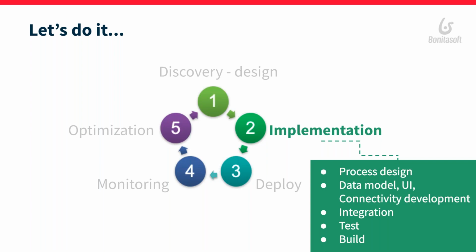You define your data model, you are going to develop your user interface, you are going to set up the connectivity with the rest of the information system. Then you are going to integrate everything, test it, and package all the artifacts to build and prepare the deployment.